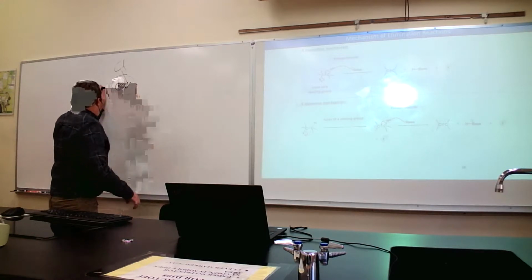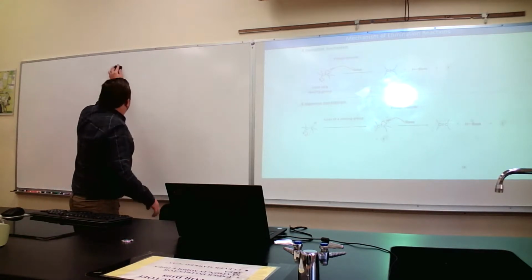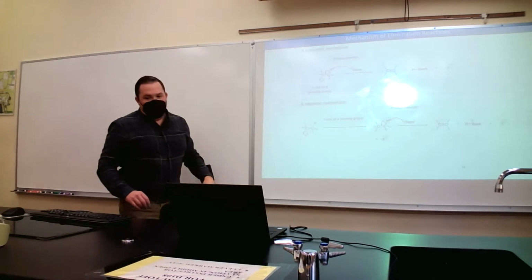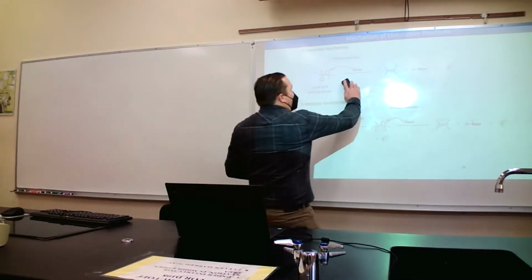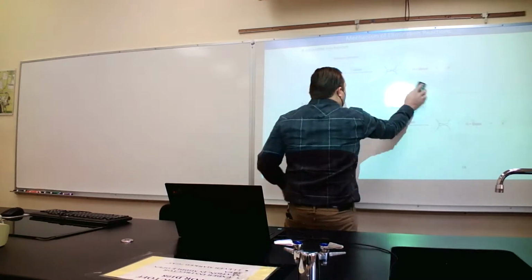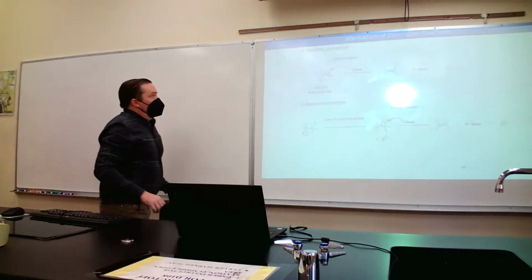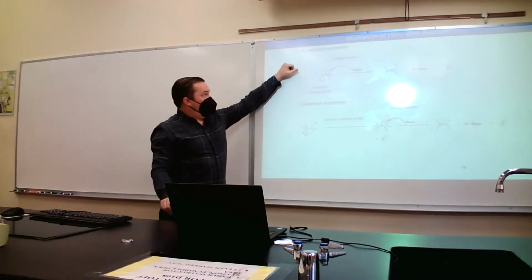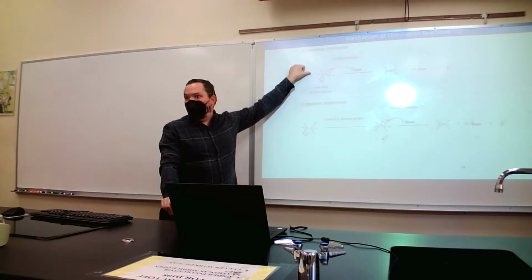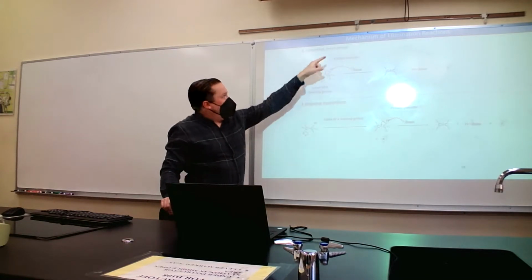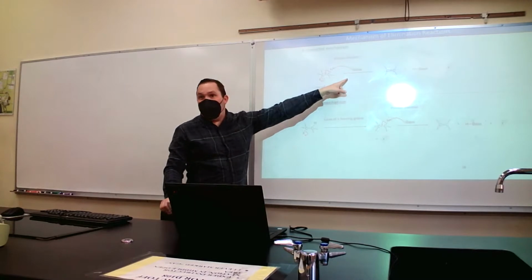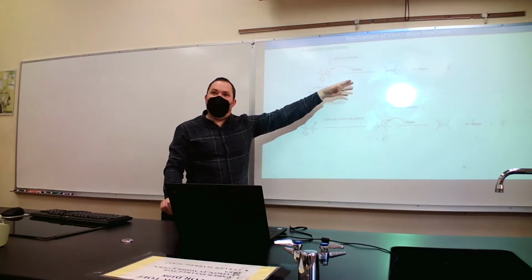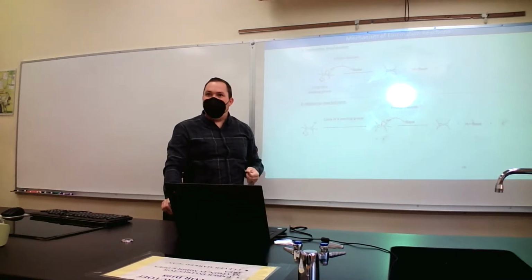All right, so we already drew this out a little bit, but this is the way it's drawn in the textbook. If it's a concerted mechanism, it's going to be 3 arrows at the same time, because your base has to be, we usually would write it as base, not a nucleophile. If it was more specific, we could be more specific.